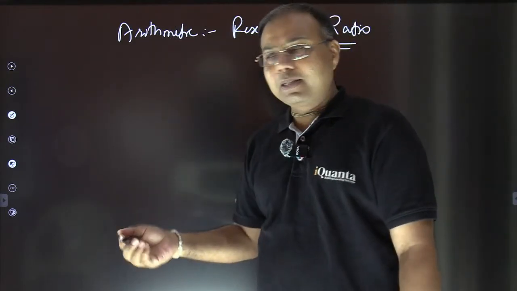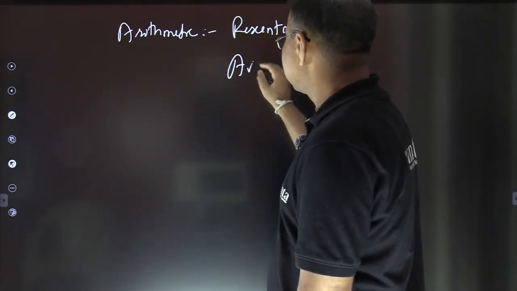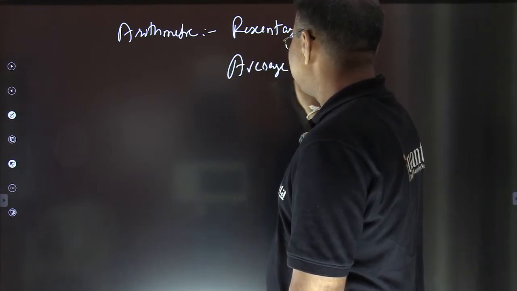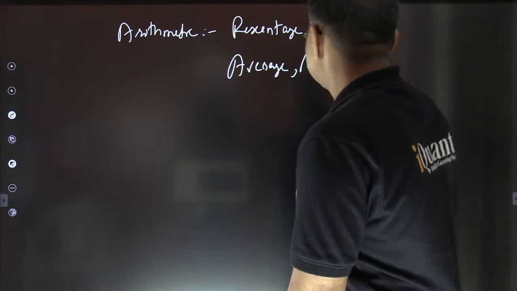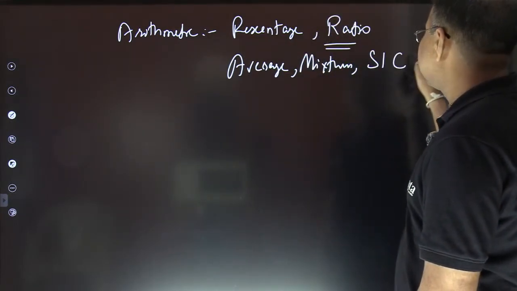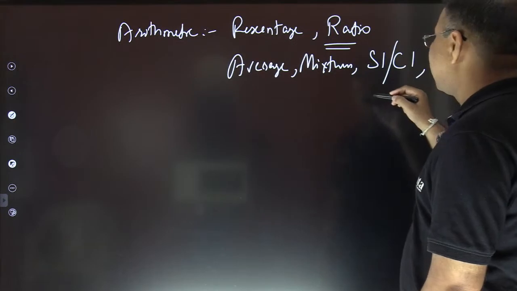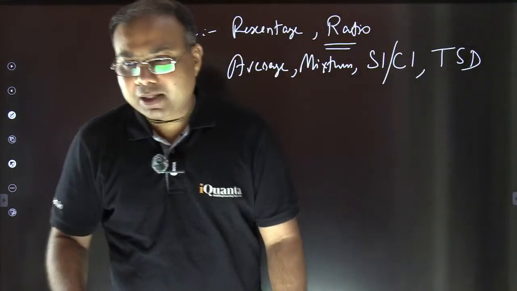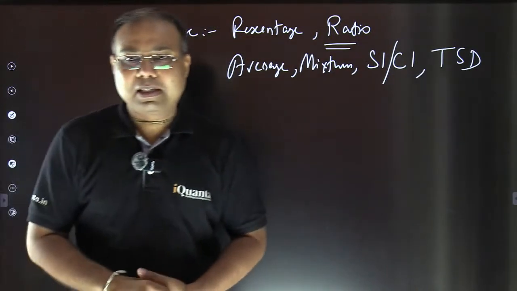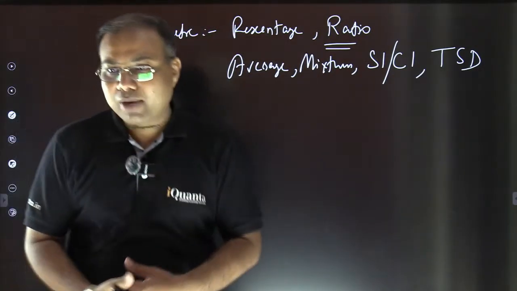What other topics are there? Average, mixtures and alligation, SICI, and time, speed and distance. So these are the remaining topics. These remaining topics of arithmetic we are going to discuss today. Fine?